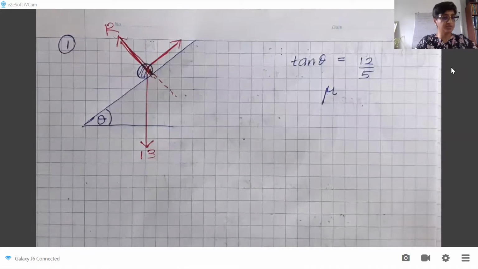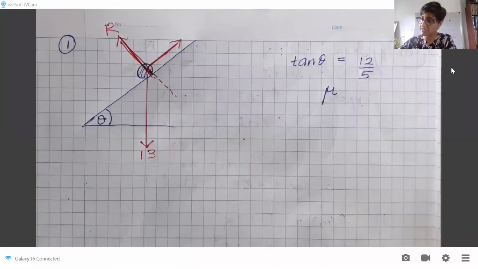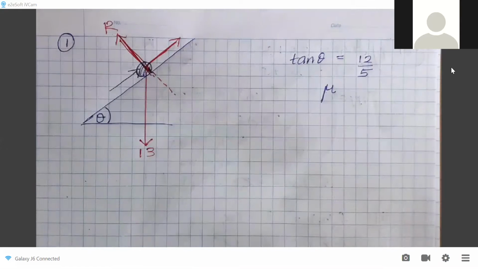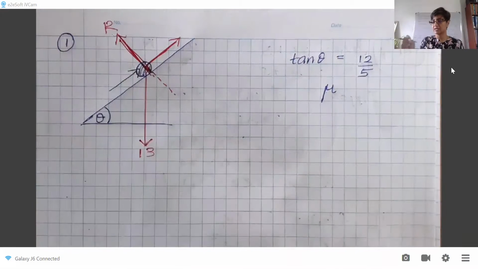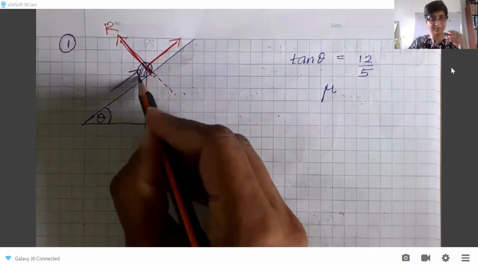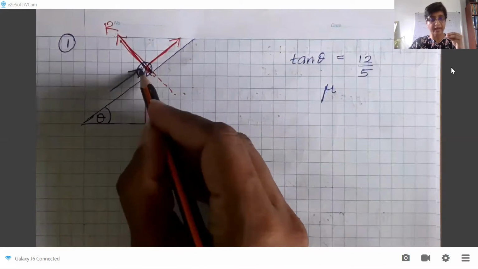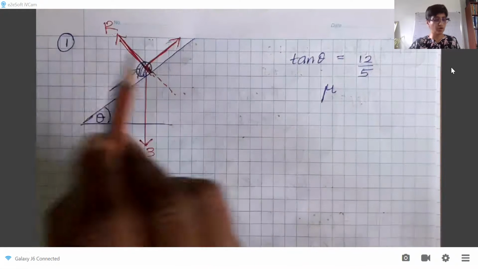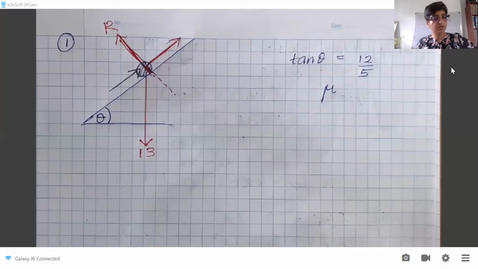Now let me draw this in pencil. If you draw it like that, I encourage you to always have your force arrows start on the object and point away. It's easy to work with them then. So this force, if you draw that to 20 newtons force like that, that is correct too. But I have placed it here.